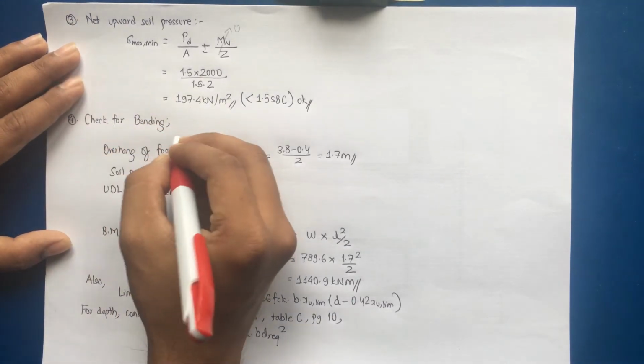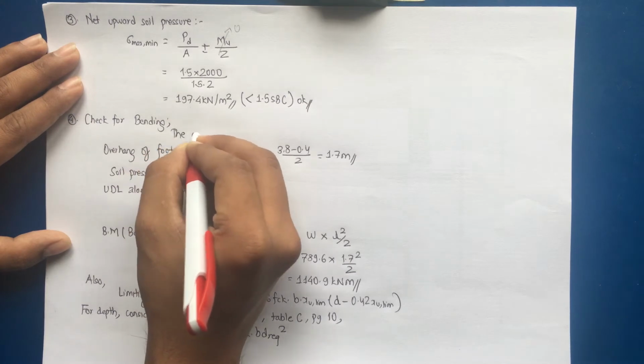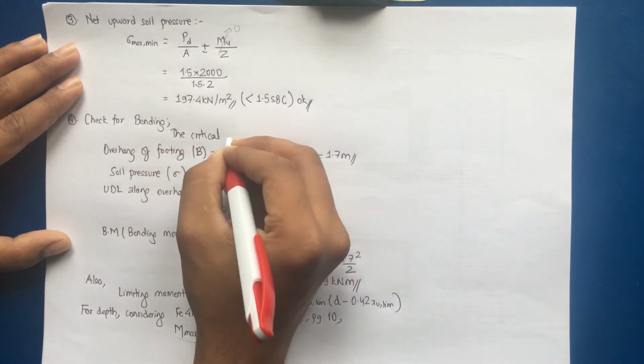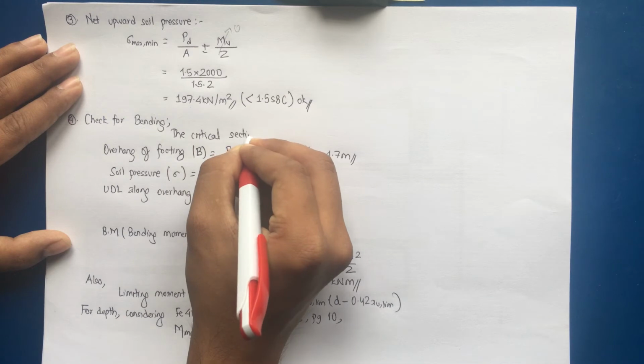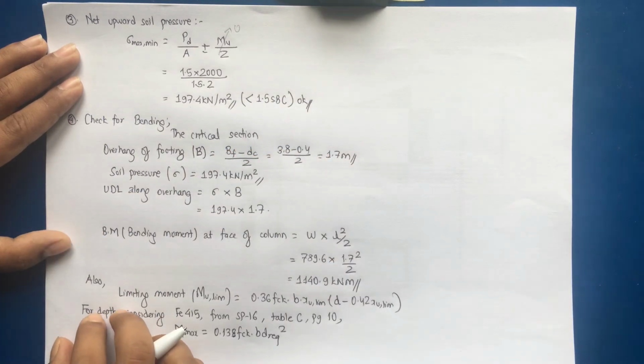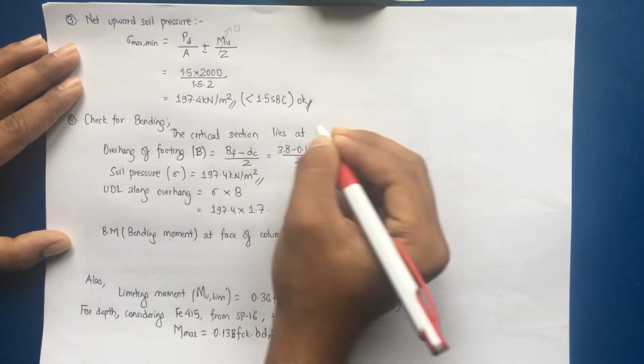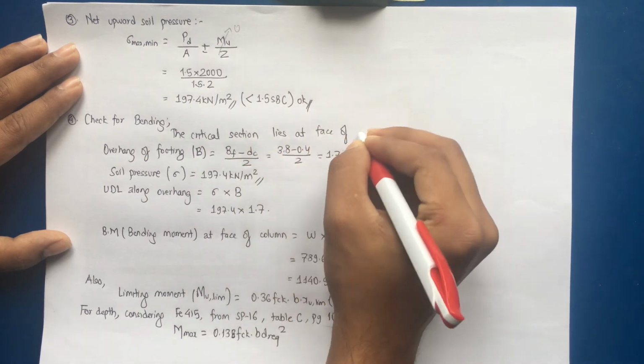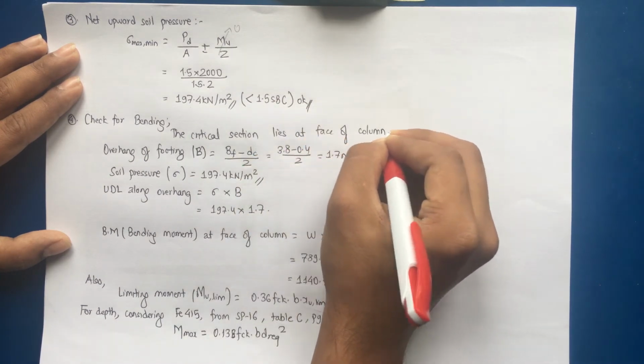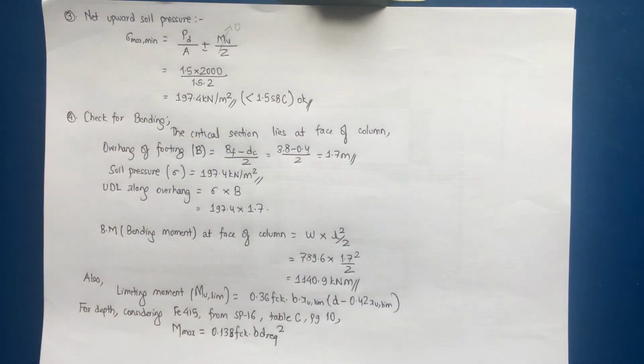Check for bending: the critical section at which the bending is to be checked lies at the face of column. So we have to check for bending at the face of column.